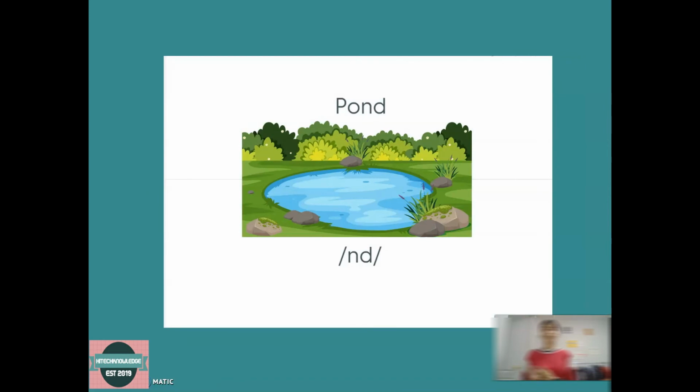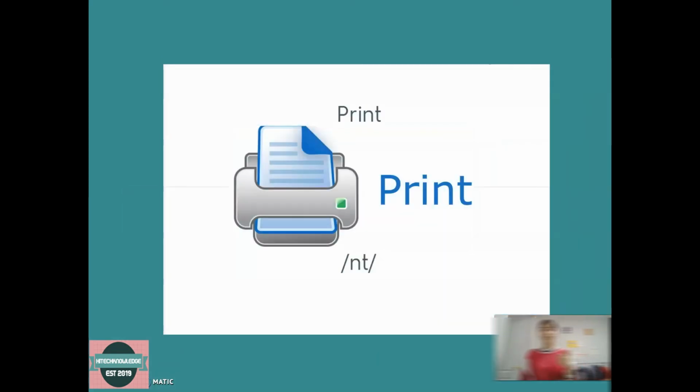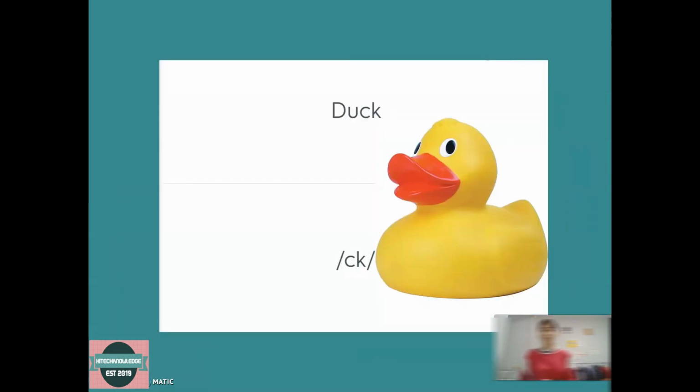Next, now we are going to focus on the combined consonants that come towards the end of a word. For example, nd. So nd, pond. Next, nt, print. Next, duck. Whether it's C, K or C and K, it's all the same.